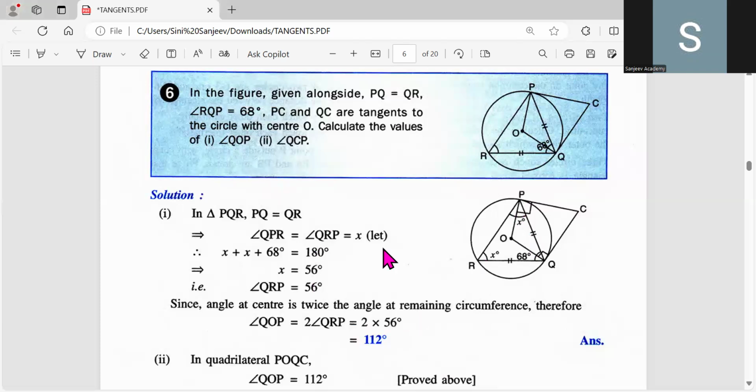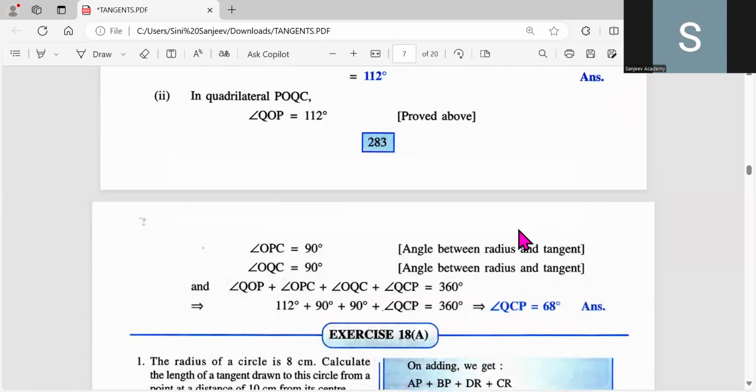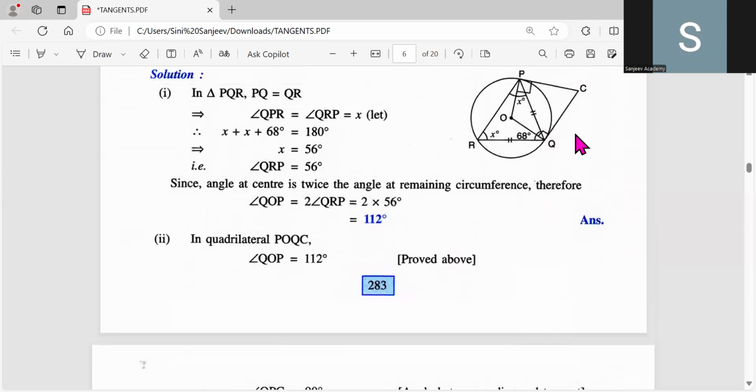So QRP is done. Now angle QCP. Opposite angles of a cyclic quadrilateral are supplementary. Correct? So this is my 112. So this should be what? 112 plus 68.